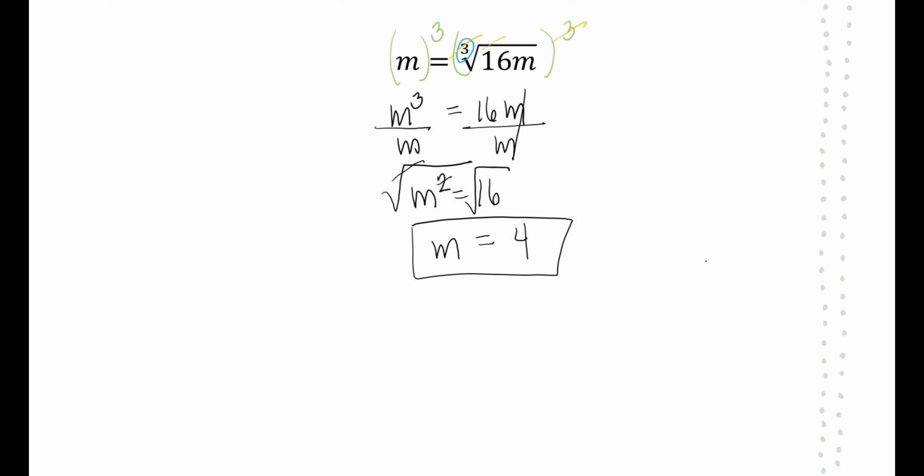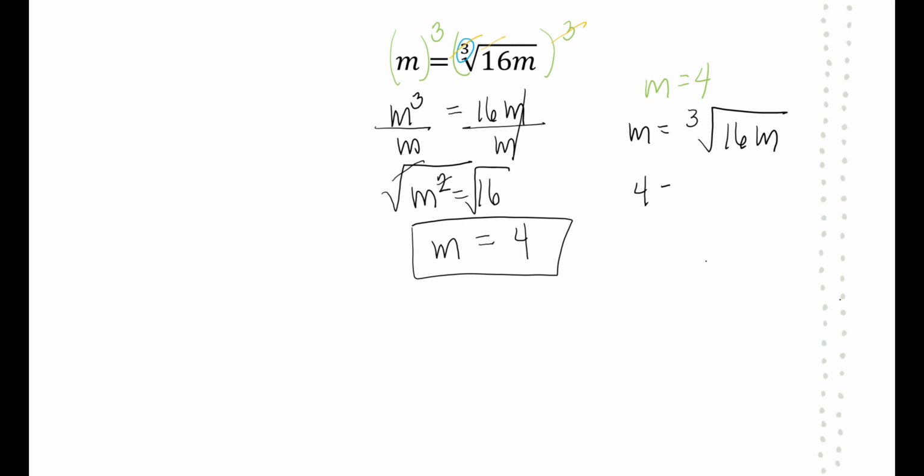The next step is to check whether our answer is correct. For m is equal to 4, our original equation is m equals the cube root of 16m. So let us substitute m by 4.